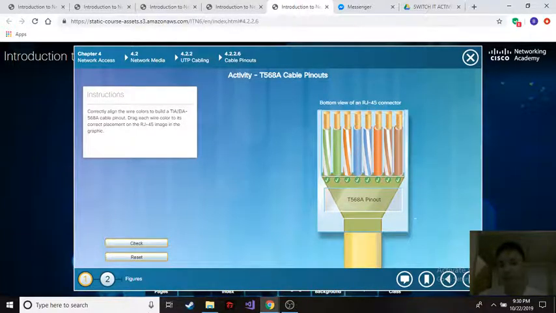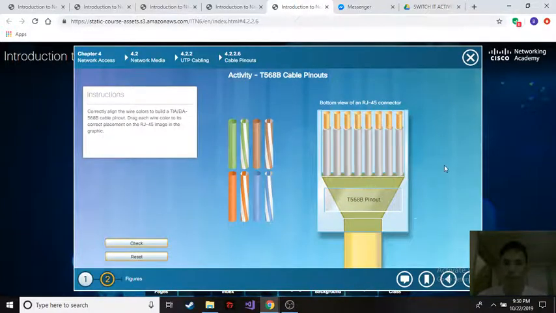So we're going to arrange the next cable pinouts. So here, we are now in the T568B cable pinout. So we're going to arrange it.